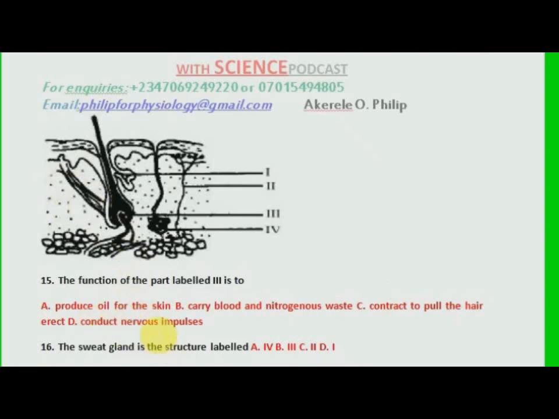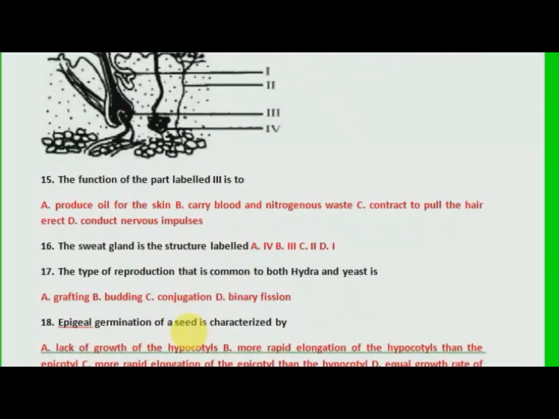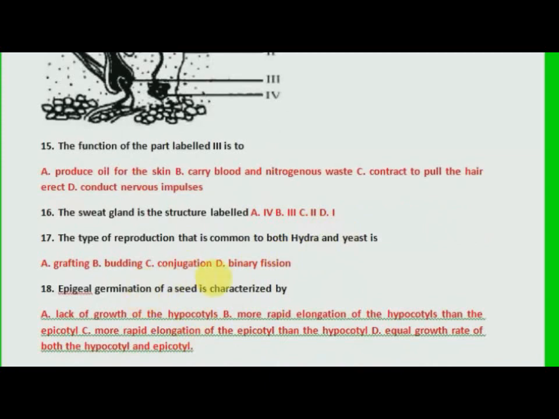Then conduct nerve impulse. That is your 2. All right. So the answer to the question is carry blood and nitrogenous waste. The sweat gland is in the structure labeled what? Our 4, as A.